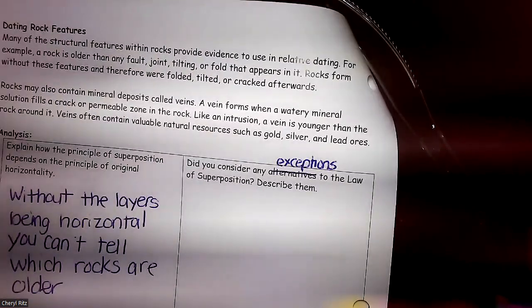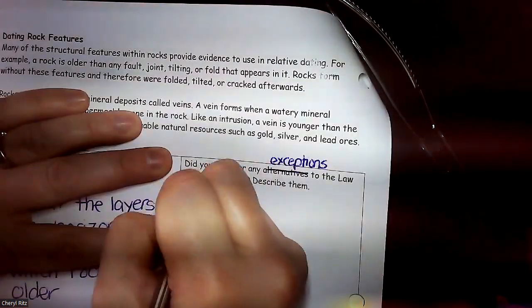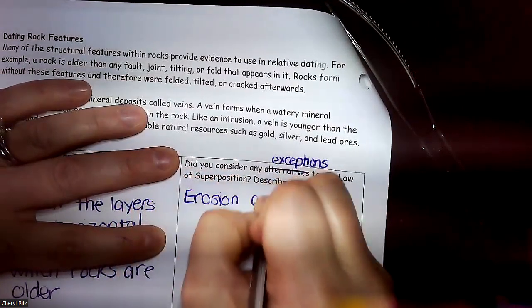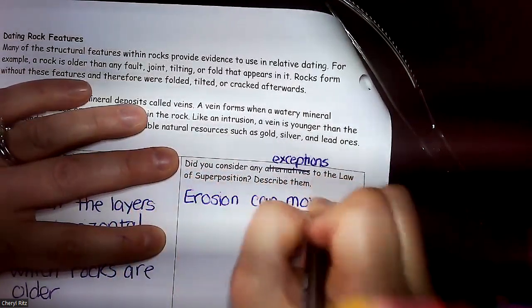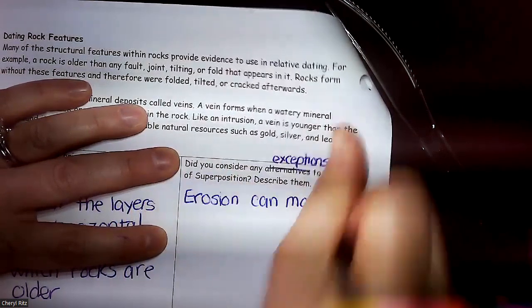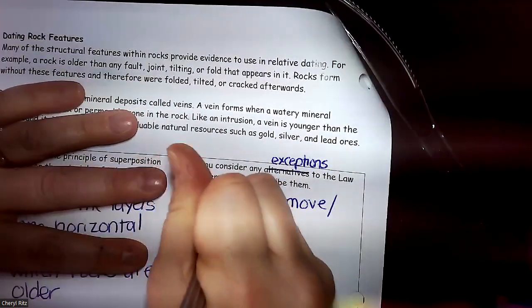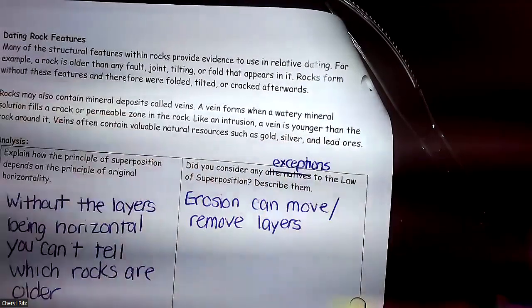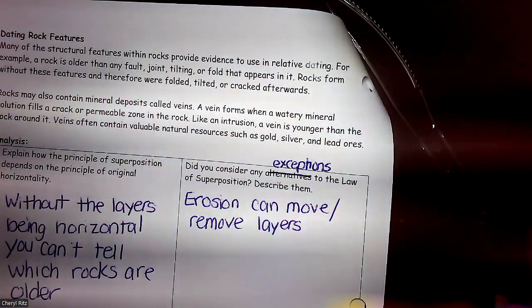When rocks get broken and moved, what's that called? Erosion can mess it up. So erosion can move or remove layers, and that will mess up some of the ages.